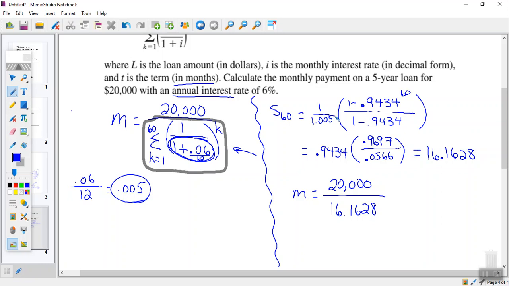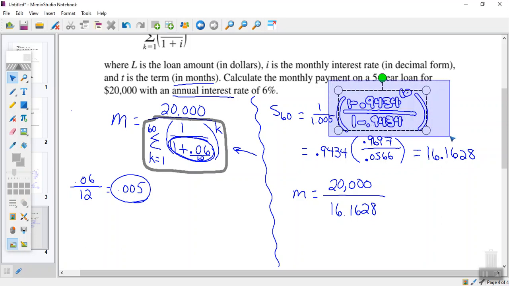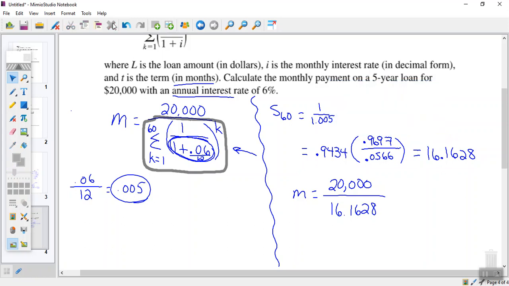Okay, so somebody do 1 divided by 1.005 to 4 places for me. What is 1 divided by 1.005? 0.9950. Okay, and then this would have been to the 60th, right?